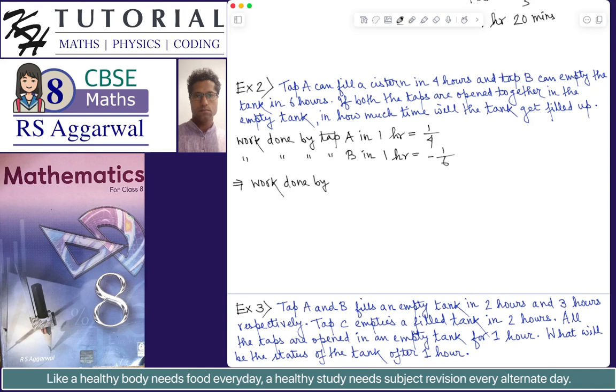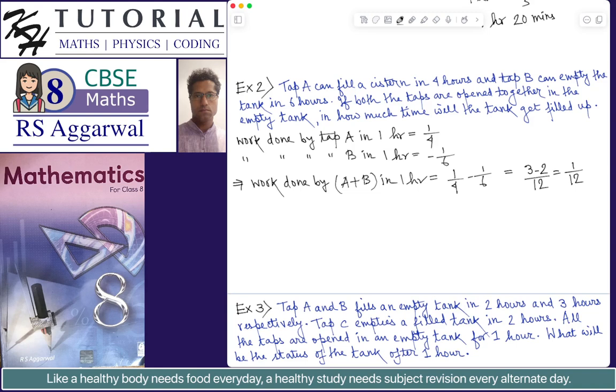So work done by A plus B in 1 hour will be equal to 1 by 4 minus 1 by 6. This is equal to (3 minus 2) by 12, which is equal to 1 by 12.